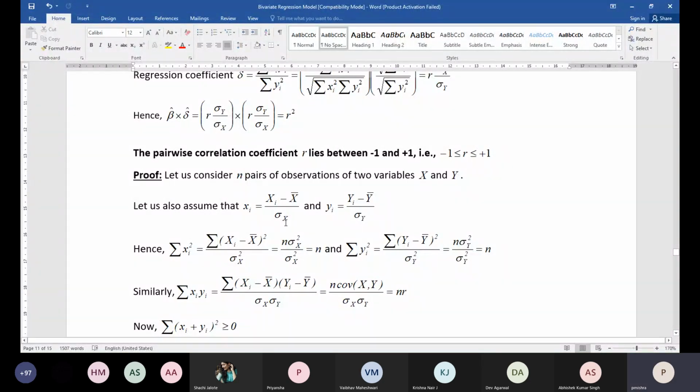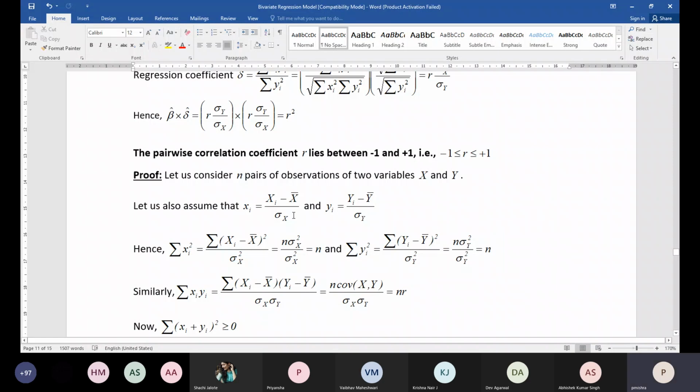So basically, first we are standardizing x and y by taking deviation from their respective arithmetic mean, dividing by respective standard deviation. So small xi is capital X minus x bar by sigma x, and small yi as capital Y minus y bar divided by sigma y.